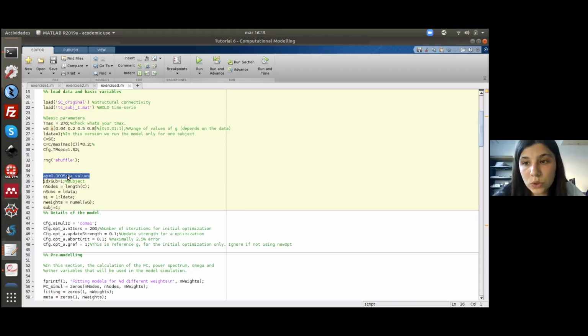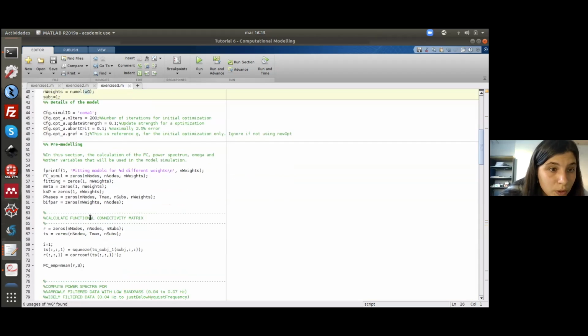We are going to set them to 0, as Gustavo Deco explained this morning in his presentation, that if we do it in this range, we have the optimal fitting in the case of the local bifurcation parameter. Later I will explain an extra exercise to consider the local bifurcation parameters. But in this case, we are going to consider only the values of the G's.